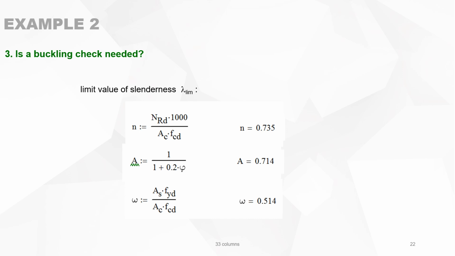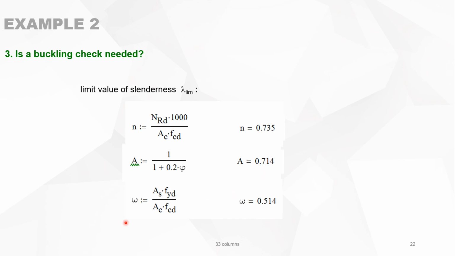Now we will see if buckling needs to be considered. For that, we will calculate the limit value of the slenderness, lambda limit. First, we calculate the load rate, which is the total normal force divided by the cross-section and divided by the maximum compressive concrete stress. And the load rate is high, it's 74%. Factor A, depending on the creep factor, is 0.71, which is a normal value.